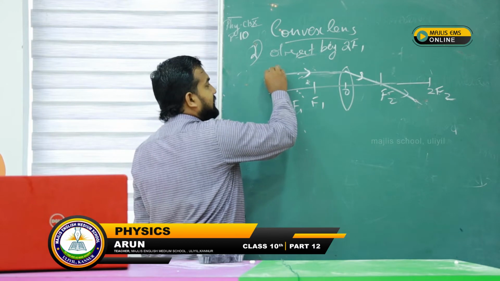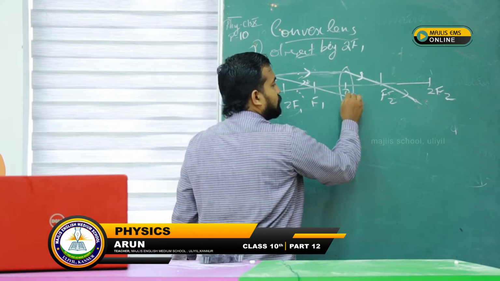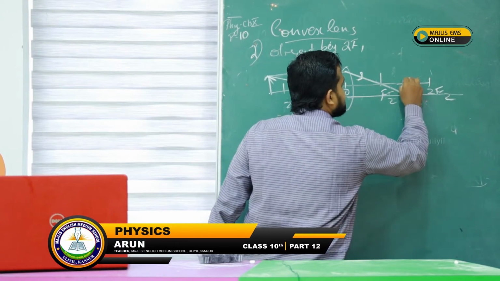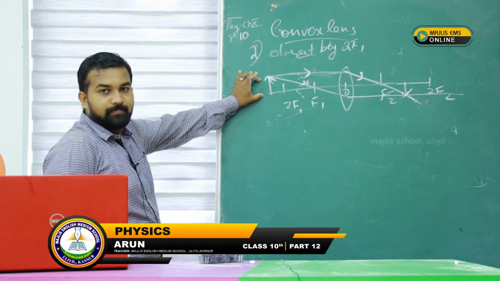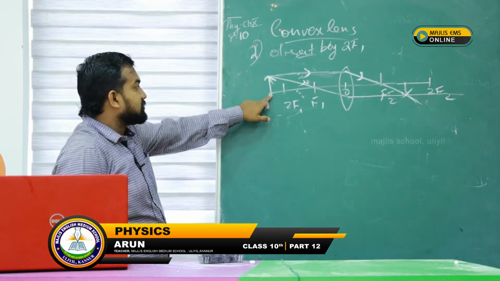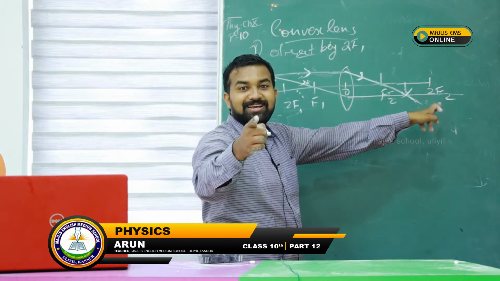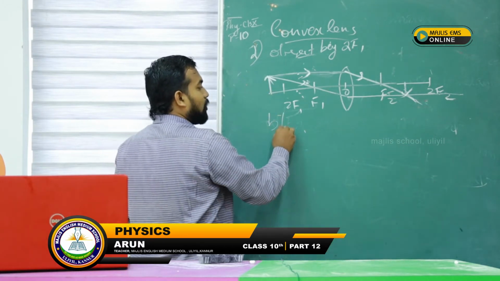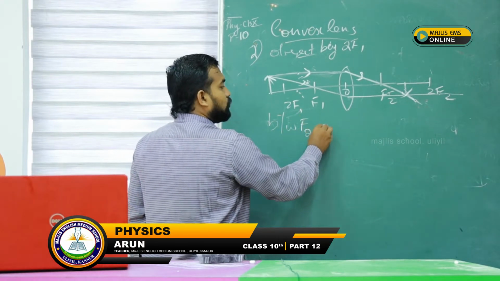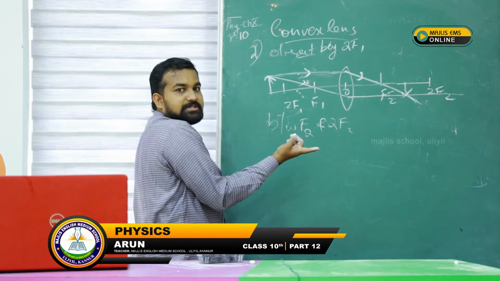And I will take the second type of ray. The ray coming through the focus will move parallel to the principal axis. With the object beyond 2F1, I have got the image between F2 and 2F2, that is between C and F in the case of the mirror.